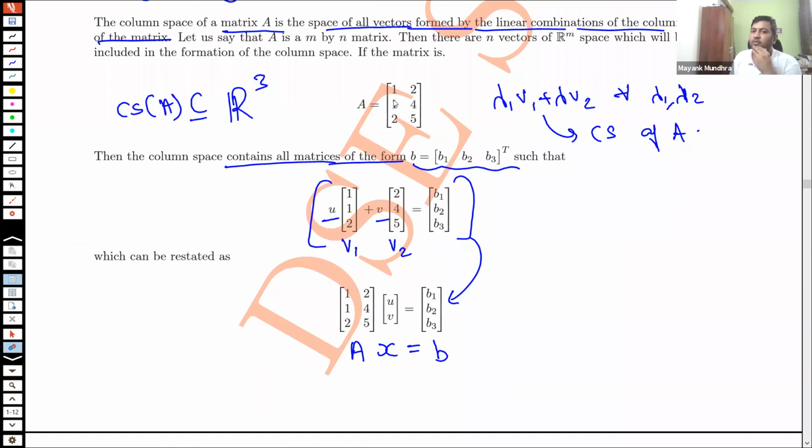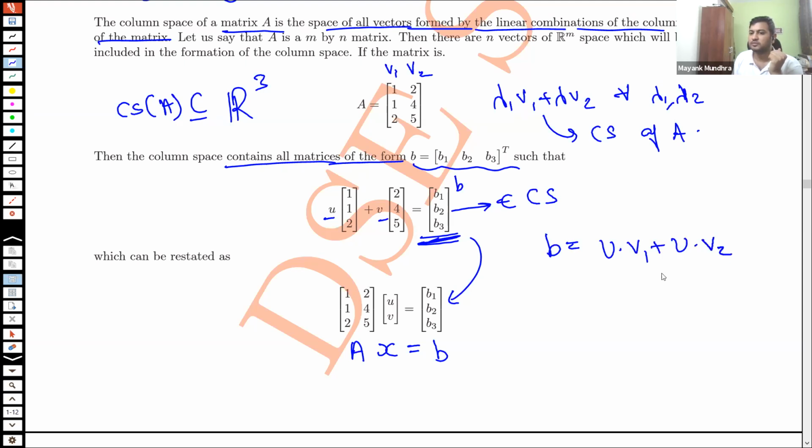Okay, so coming back, just to give a recap, if this is my V1 and V2, then all vectors B which belong to the column space will have, instead of lambda 1, lambda 2, U and V, such that this vector B is equal to U times V1 plus V times V2 for some U and V. This will be true if B belongs to the column space of A. So the idea is that my vector B should belong to the column space of A in order for it to have one solution or infinite solutions.